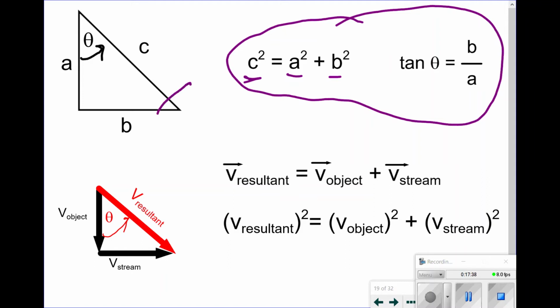But let's say I was looking for this angle over here. Then the tangent is a over b. It's easy for me to make these mistakes if I do not draw out my vectors. So always make sure you draw them out. Always as a quick reference. No one has ever drawn out a vector triangle and regretted doing it.